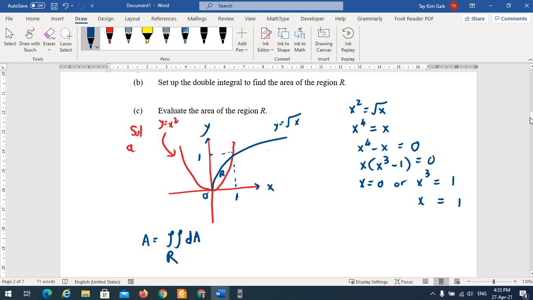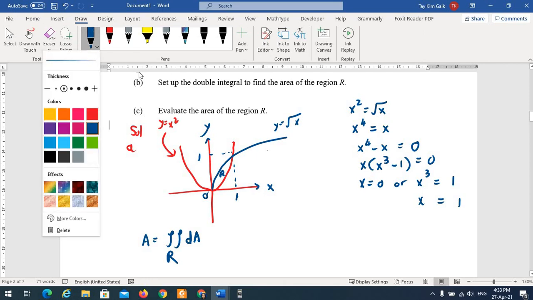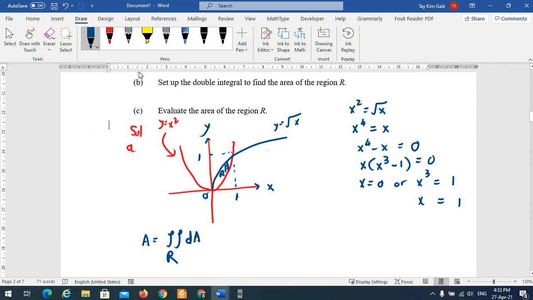which one do you want to use? dy dx or dx dy? Yes. Using dy dx, since you have y as a type, use dy dx to be easier.